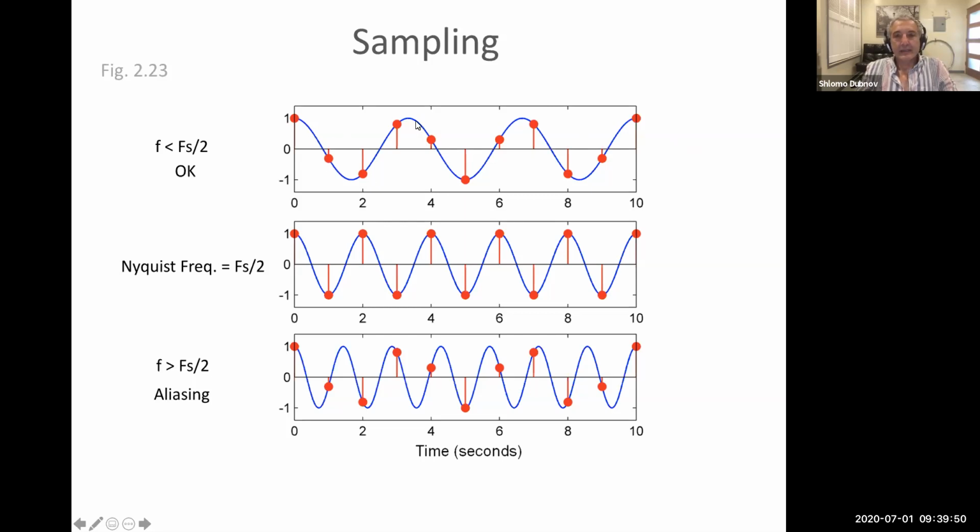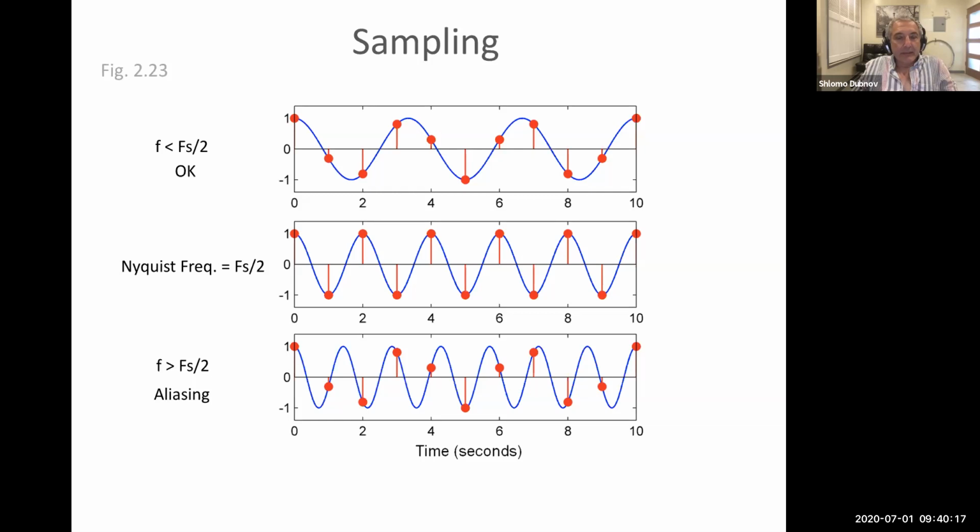Now, as this blue waveform becomes faster and faster, which means more and more periods, or the frequency goes up, you hit a point where you basically have 2 samples per period. Of course, it doesn't have to be synchronized with the peaks and the valleys in the waveform, but you have at least 2 points in every period of a sine wave.